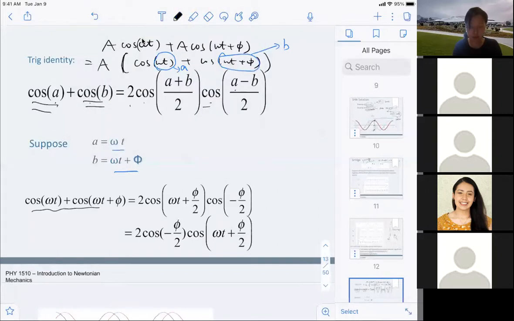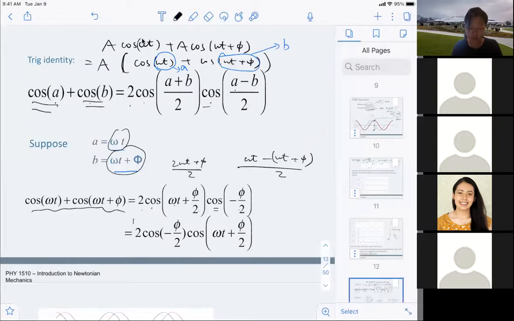So when you add these two together, they become 2 cosine. The arguments added together are 2 omega t plus phi, over 2, that's omega t plus phi over 2. And omega t minus omega t plus phi, over 2, gives you negative phi over 2.